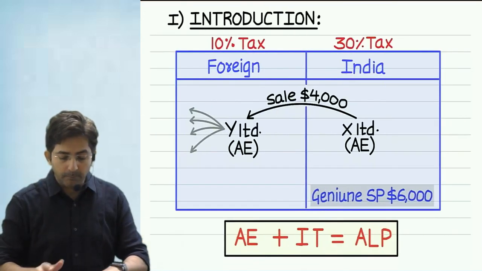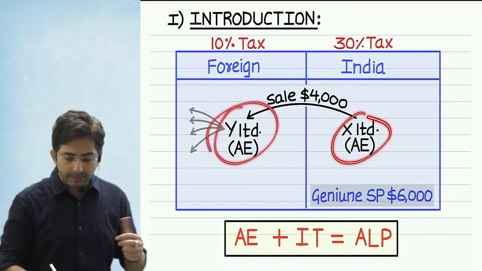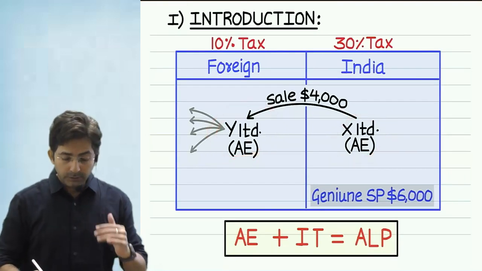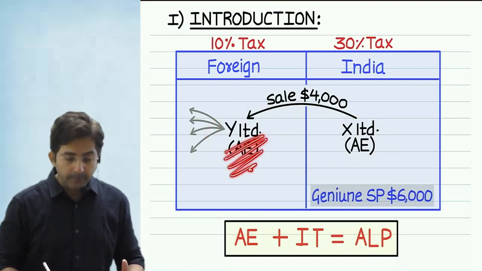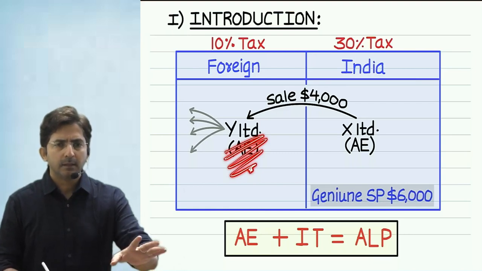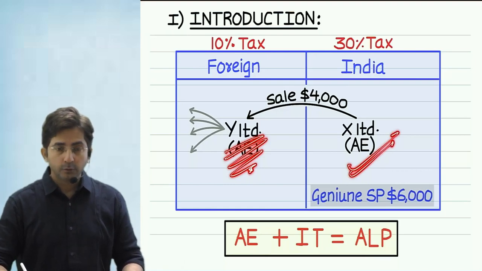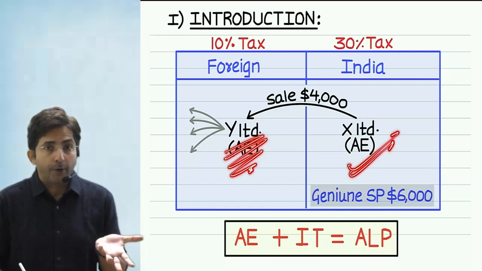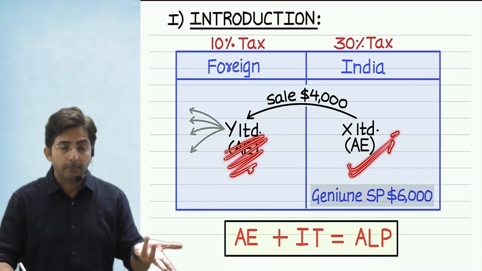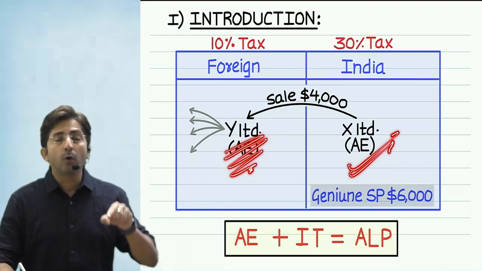Say for example, in my example only, let's assume between X and Y there is no connection of 26% shareholding. But the position is that in Y Limited's board of directors, more than half of the directors are appointed by X Limited. So when X Limited is able to appoint more than half of the directors of Y Limited, that means X Limited has got full control over Y Limited.